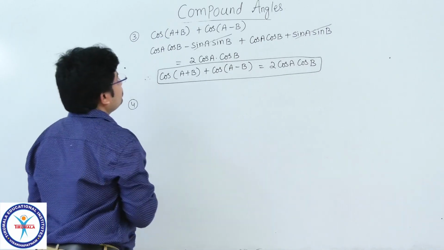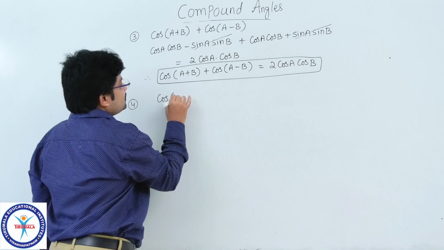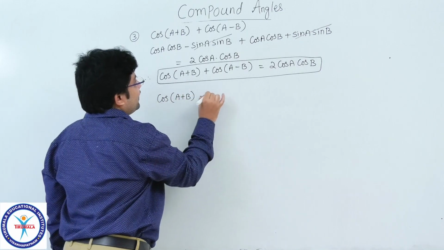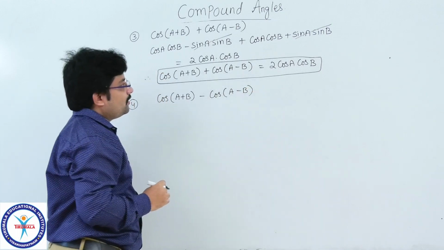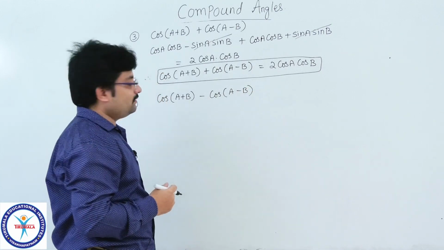Another one, cos A plus B minus cos A minus B. These are the 4 important results in trigonometry.